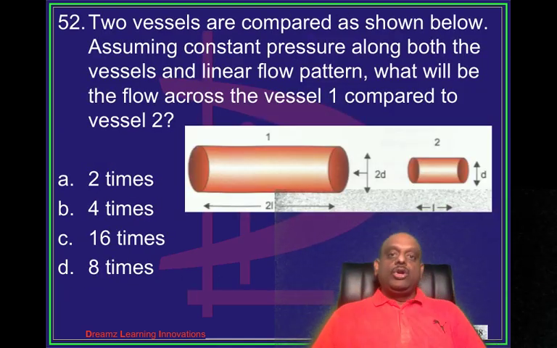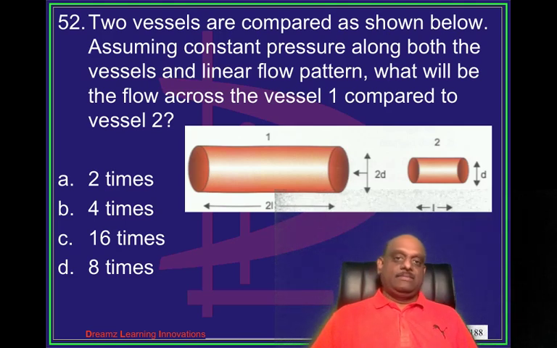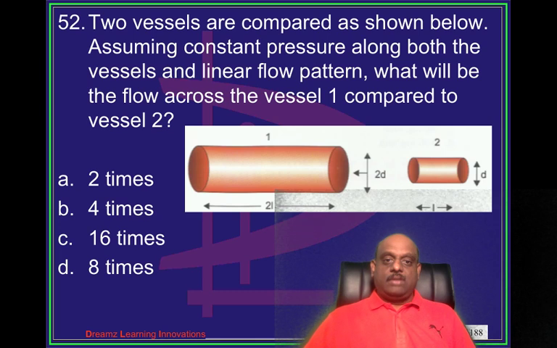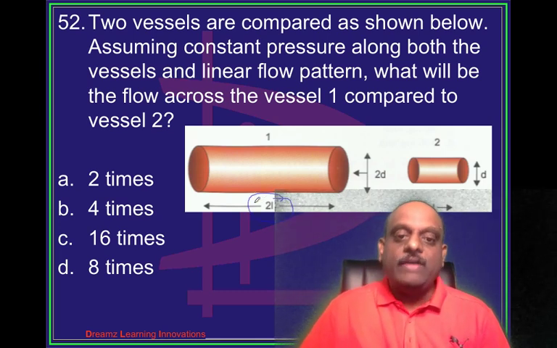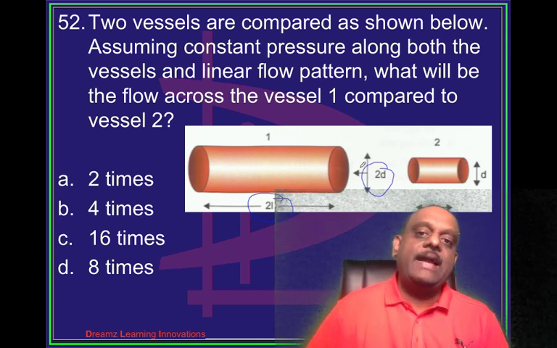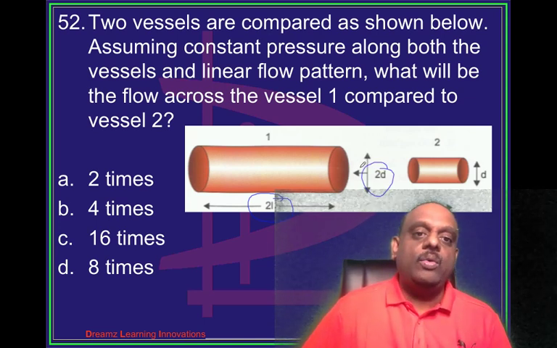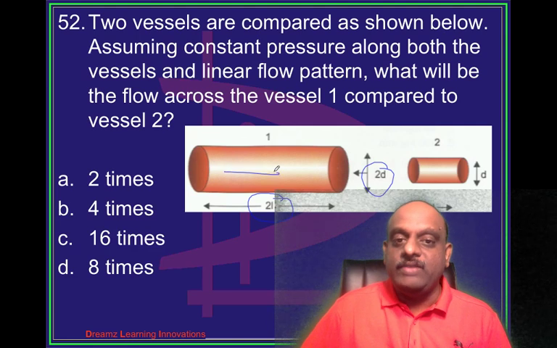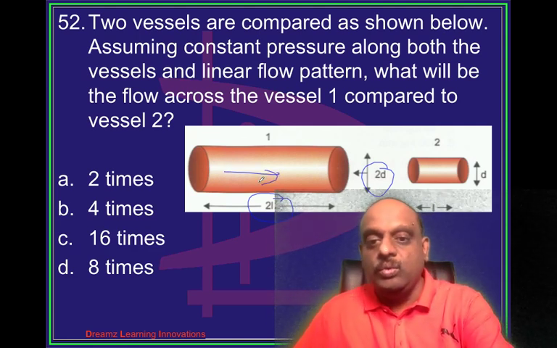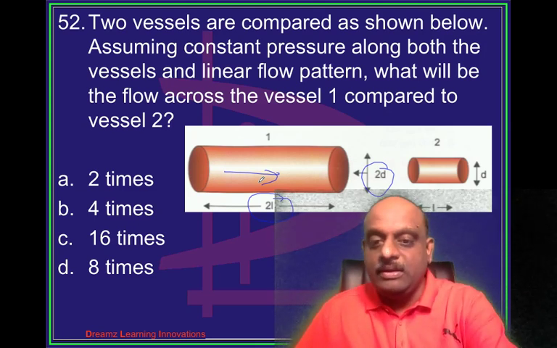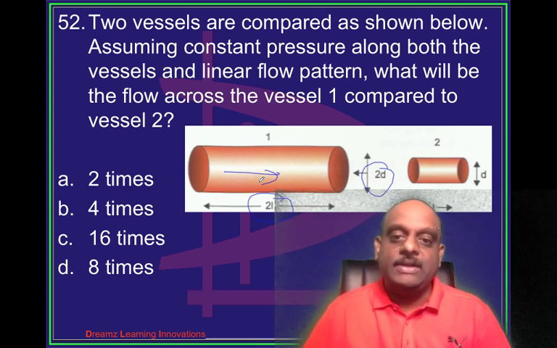Now doctor, two vessels are compared here, and one is having twice the length, twice the diameter. So now what will be the flow in this vessel 1 compared to the vessel 2 is the important question. So who is going to give me the correct answer?